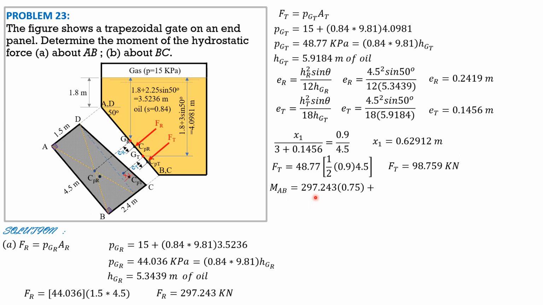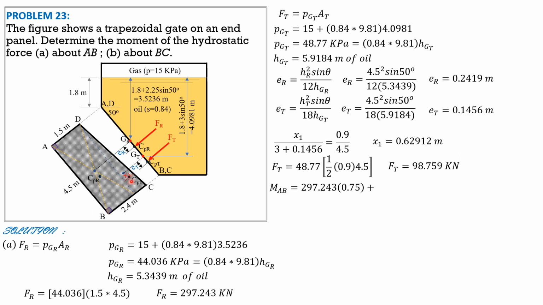It is FR, 297.243, times, because the centroid of the triangle is here, center of pressure is here, it is half of 1.5, so the moment arm is 0.75. It is direct, the centroid and the center of pressure are aligned on the axis of symmetry. So this distance is 0.75, half of 1.5. While the moment arm of F of triangle, which is acting here, from AB is 1.5 plus x1 over 2.